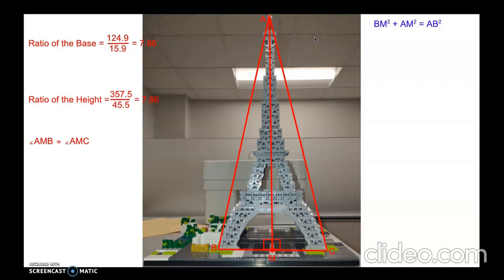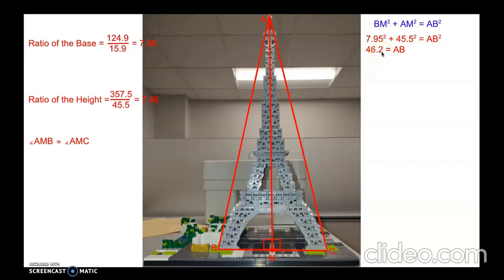Okay, so I'm gonna square those two values. BM, that's just half the base, so half of 15.9, that's 7.95. AM, well, that's just going to be the height, which is 45.5. Square those two values to get AB squared, and then I add them together and take the square root, and I get 46.2 for AB.